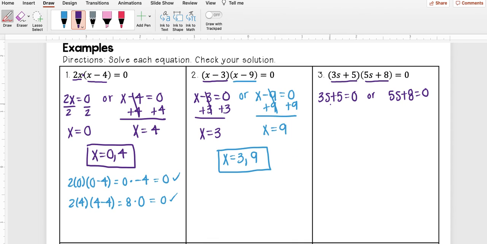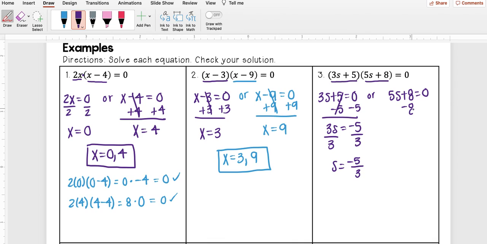For this first one, to solve it, I need to subtract 5 from both sides first, and then divide by 3. So I get s is equal to negative 5/3.